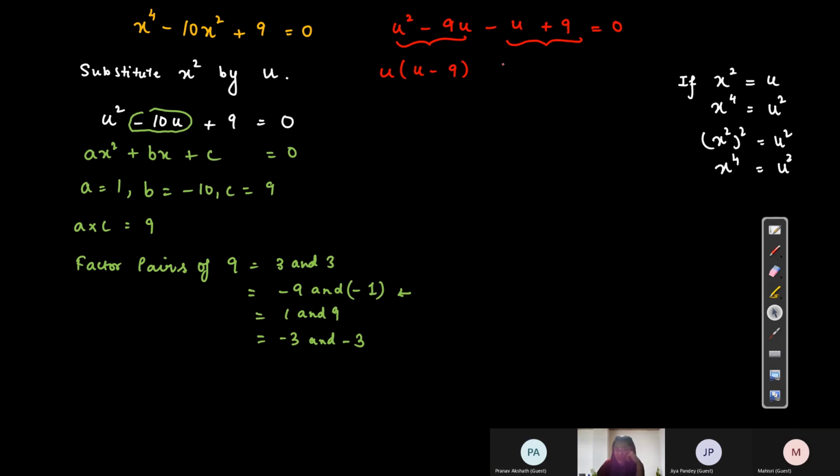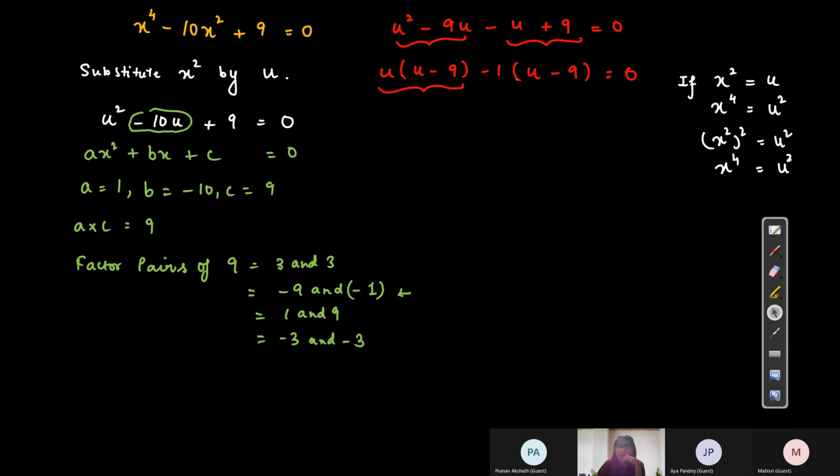Perfect. Negative 1 is common. When you see no possible factor as common, then 1 will always be a common factor somewhere. I'm going to write negative 1. Now you have to divide both these terms by negative 1. So negative u divided by negative 1 will give us u. And then 9 divided by negative 1 will give us negative 9.